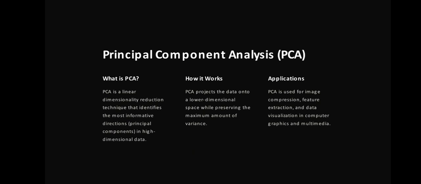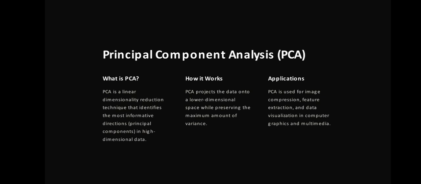So how does it work? The first step is that it identifies the direction in which the data varies the most, called the principal component. Then it reorients the data along these principal components, making them a new set of axes.